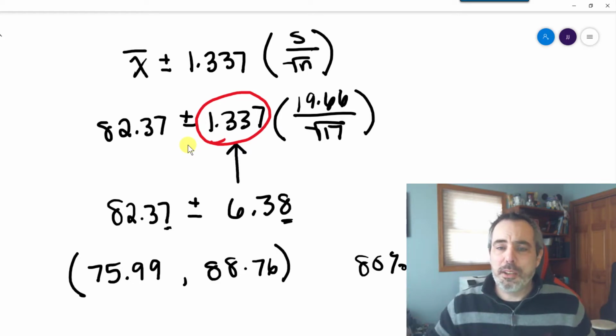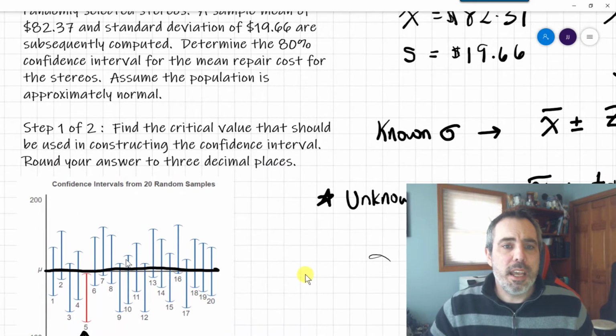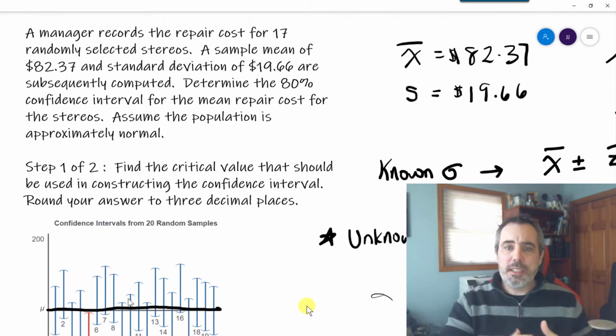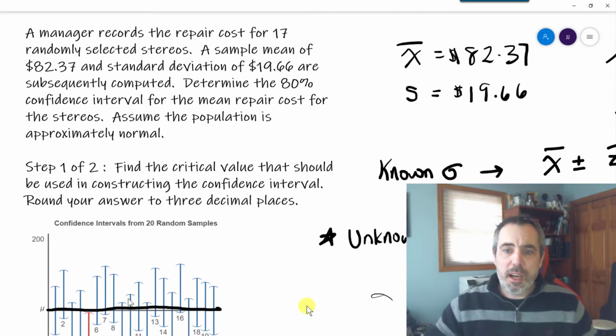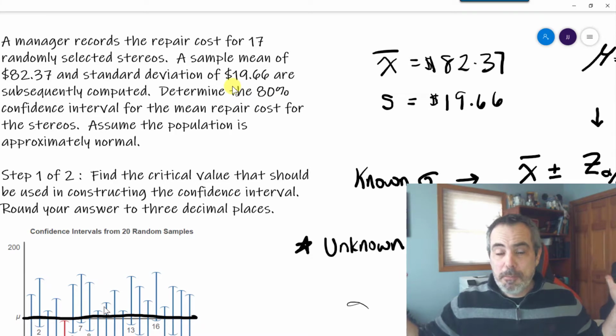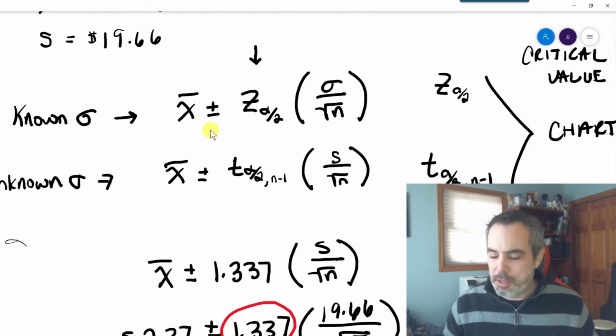And I would have used that critical value when I'm calculating this. So when you are trying to find a confidence interval like this, you are simply going to need to know whether this information tells you the standard deviation of the entire population or just of the sample. Most of the time it's just of the sample. Again, I didn't show one where we know the entire population.